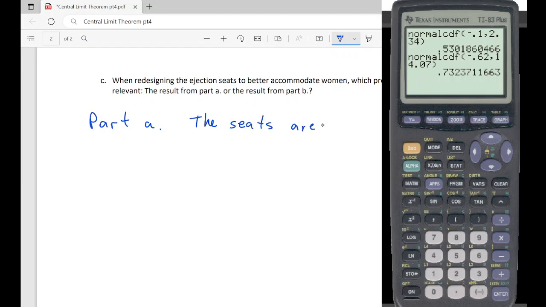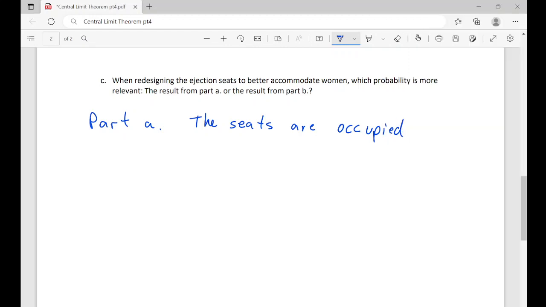Seats are occupied by individual women, not groups of women.